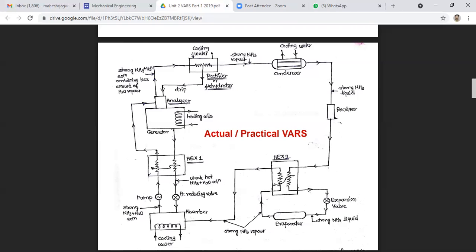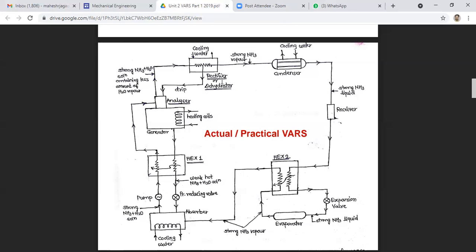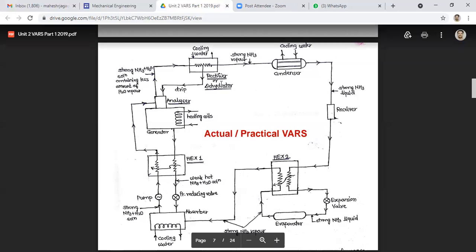Its function is to further cool the ammonia vapors leaving the analyzer. So the remaining water vapors are condensed in the rectifier, or dehydrator. The condensate from the rectifier is returned to the analyzer and drips into the generator. So this is the function of the rectifier.